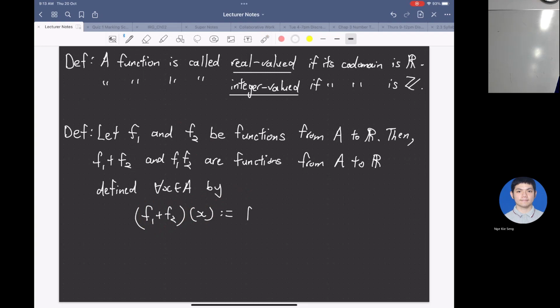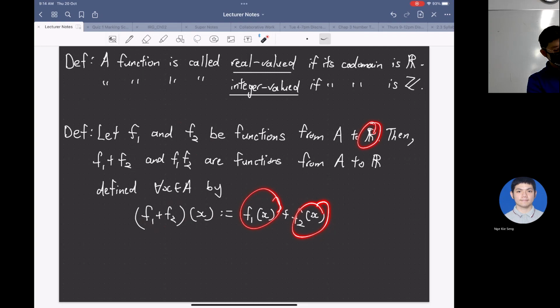So we could take f1(x) plus f2(x). The first one is a real number. The second one is also a real number. So you can add them together to get another real number. Okay, so this is how we define the sum of the functions.